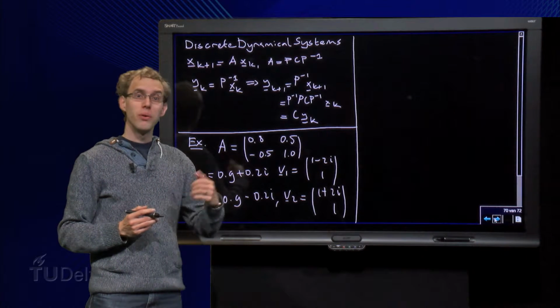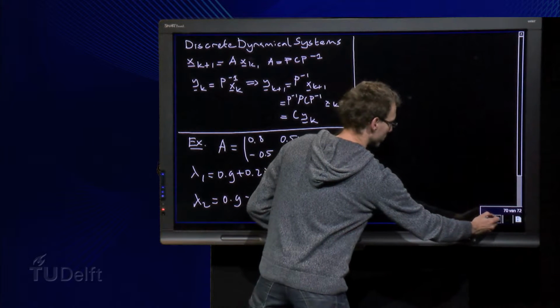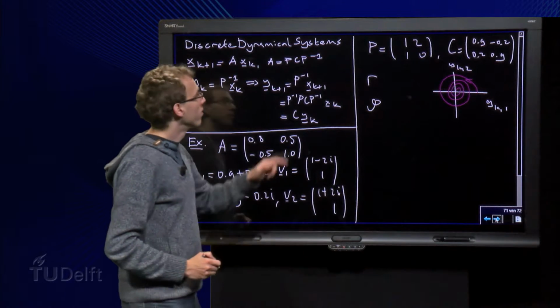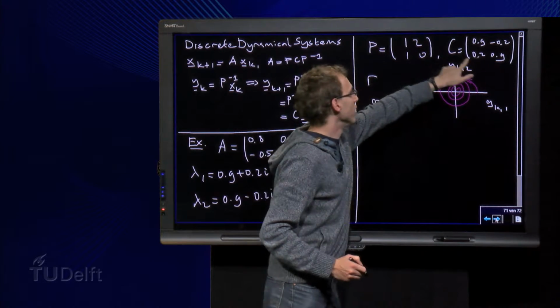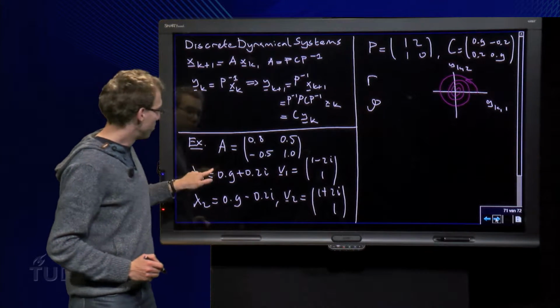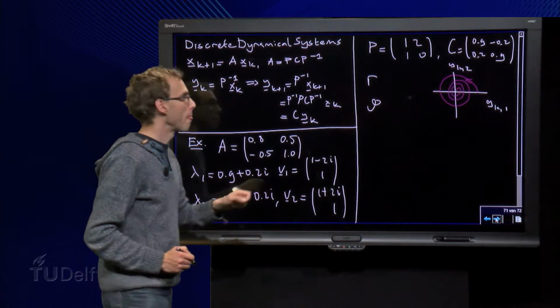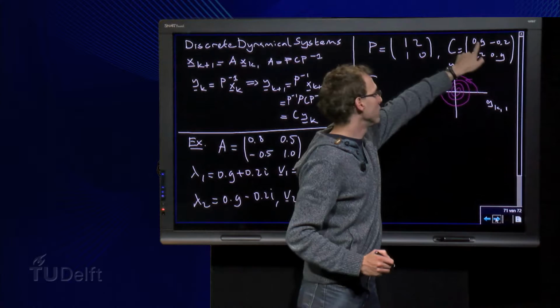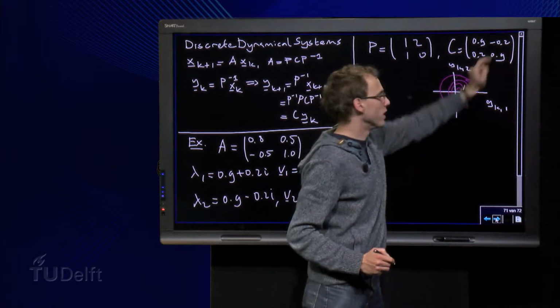And now we know that A is similar to matrix C. We know A equals PCP inverse with P and C over here. If we pick lambda 1 equals 0.9 plus 0.2i, here I have to put the a's, so a equals 0.9, b equals 0.2, so the b and the minus b over there.